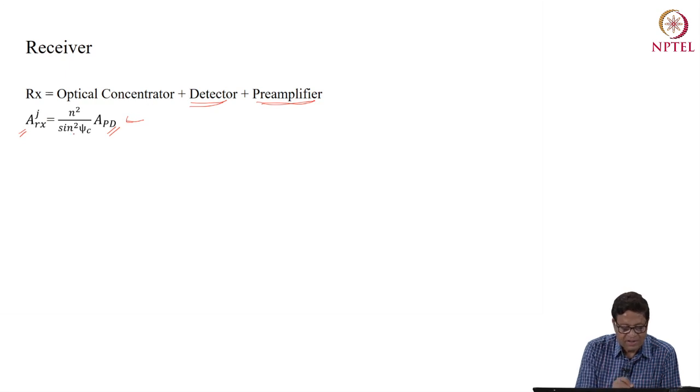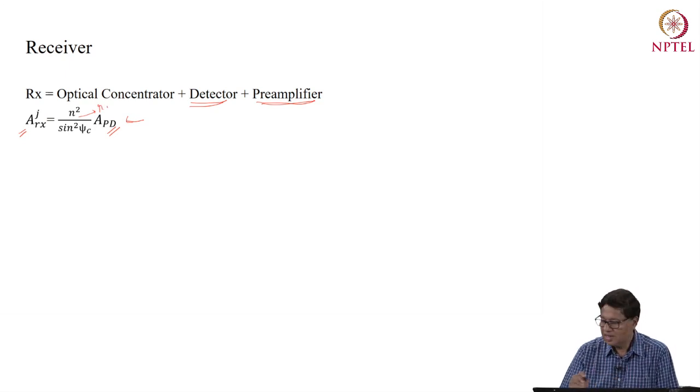Once you are using a concentrator, A_Rx,j for the jth receiver is given by the total photodetector area, times n square, which is the refractive index of the concentrator, over sine square psi c. Psi c is the FOV angle.